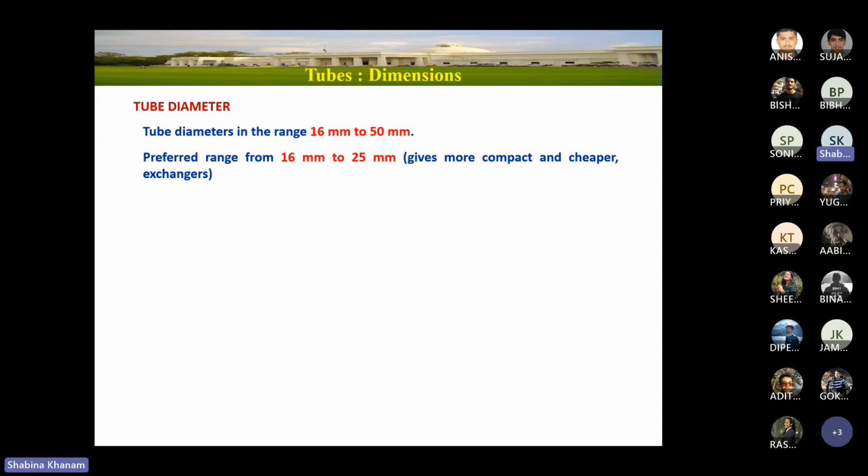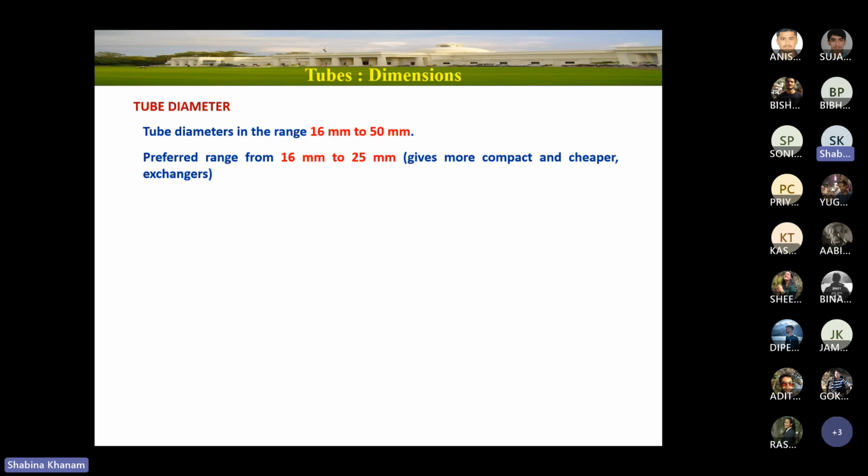So that we have discussed, and then we classified the shell and tube heat exchangers, and we also have seen in which condition which type of heat exchanger you should choose. So all these factors we will consider in designing. And then we started the construction part.